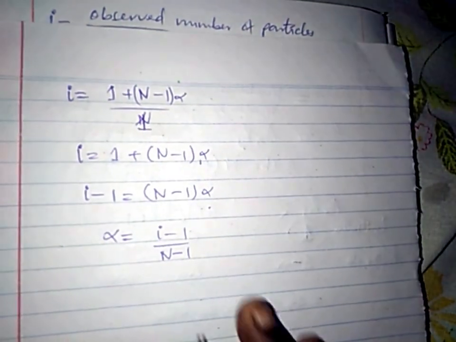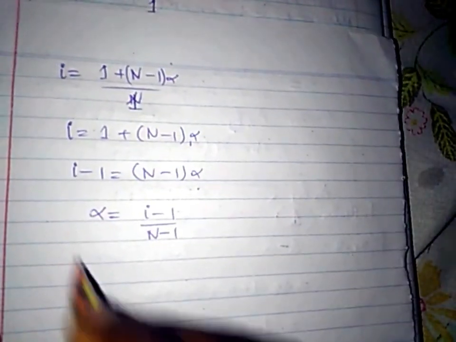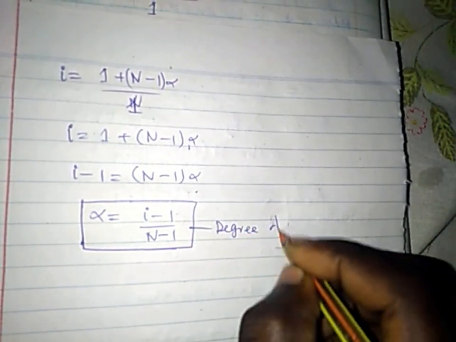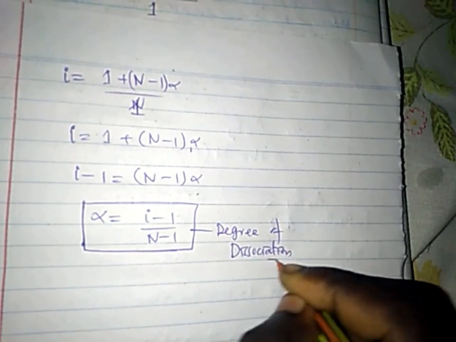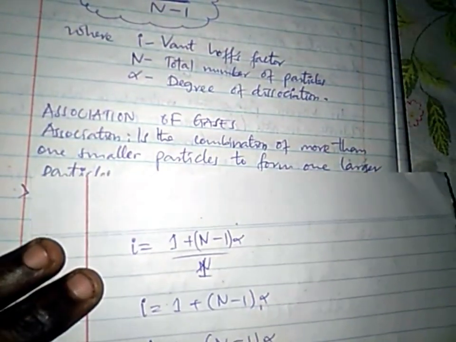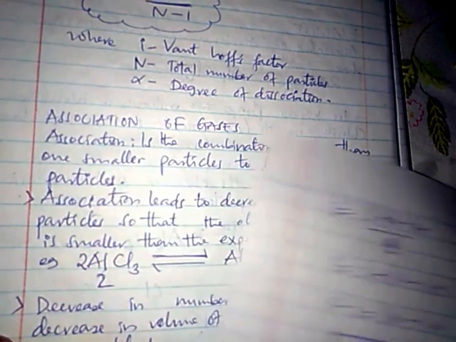So actually this is how we can calculate the degree of dissociation. So hii ndio formula yetu ya calculate degree of dissociation. Kwa hiyo sasa i ni Vant Hoff factor, N ni total number of moles, na hiyo hapo ni degree of dissociation. Hiyo ni calculation ya degree of dissociation.